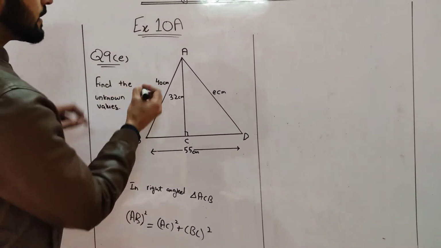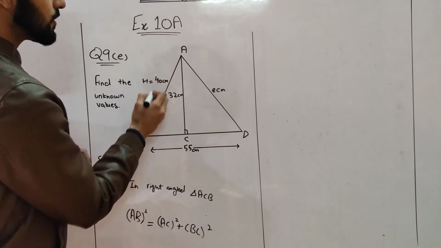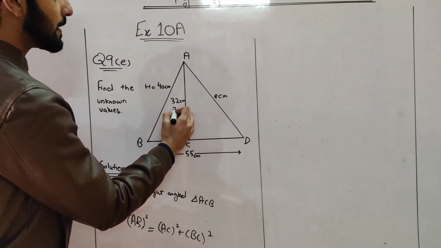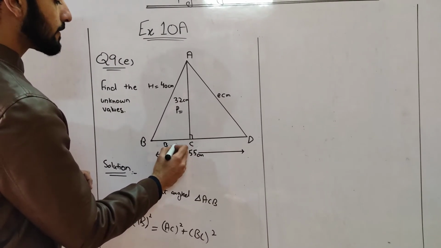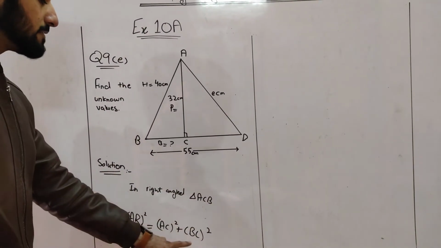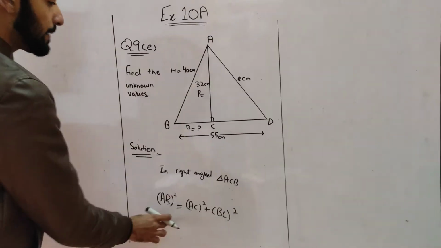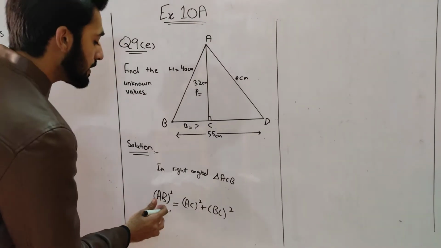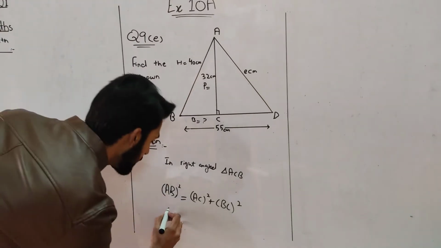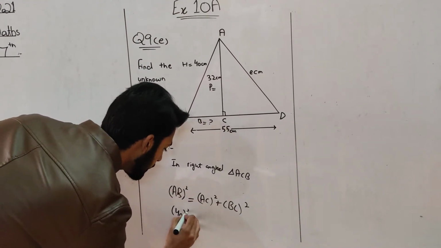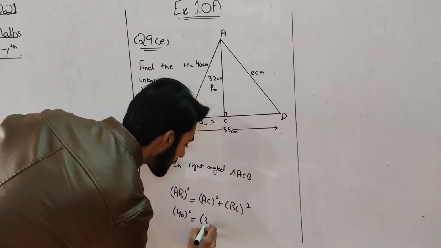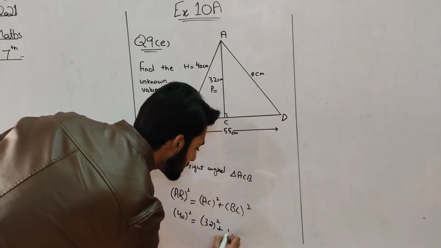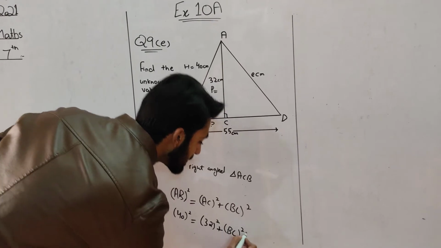This is the hypotenuse, this is the perpendicular side, and the downside is the base, which is required to be found, so BC equals the base. Putting in the values, the square of 40 equals the square of AC, which is 32, plus the square of BC.